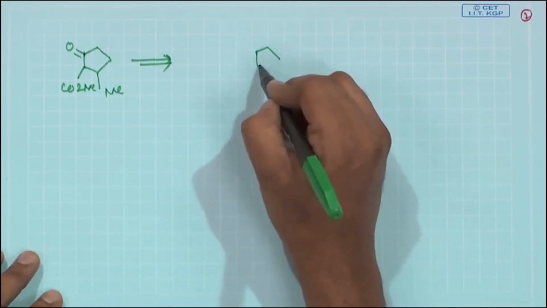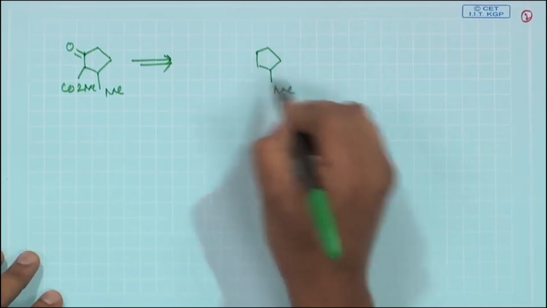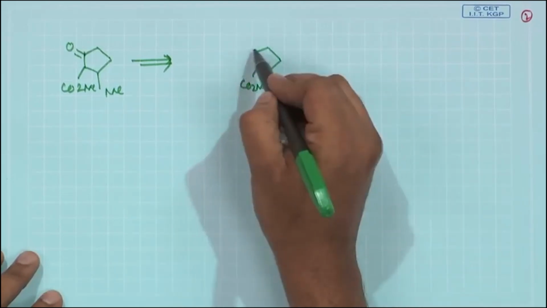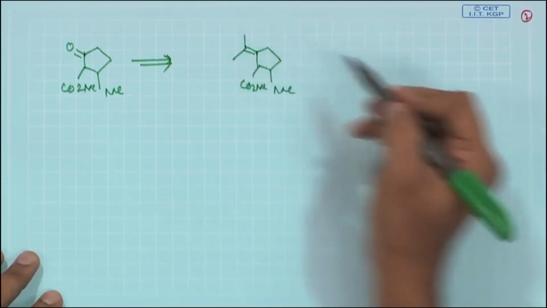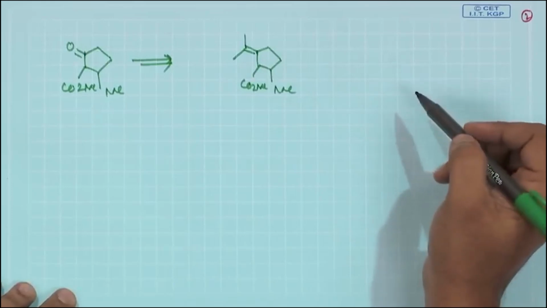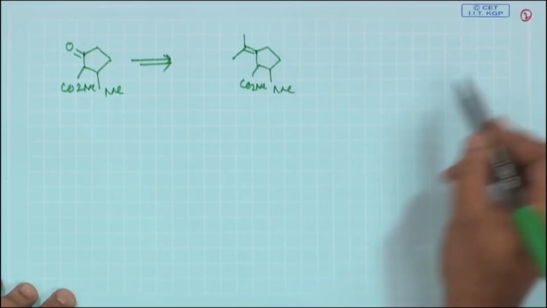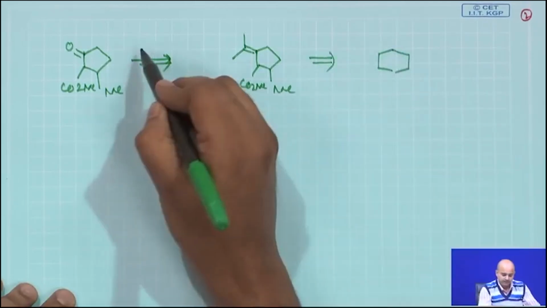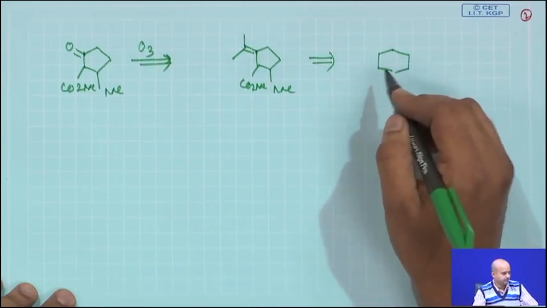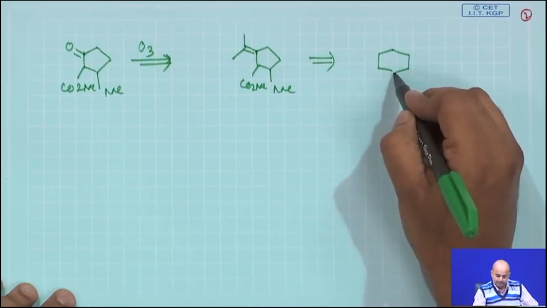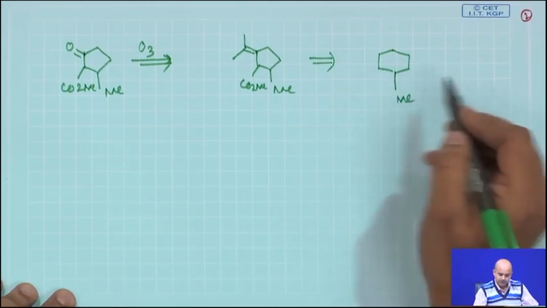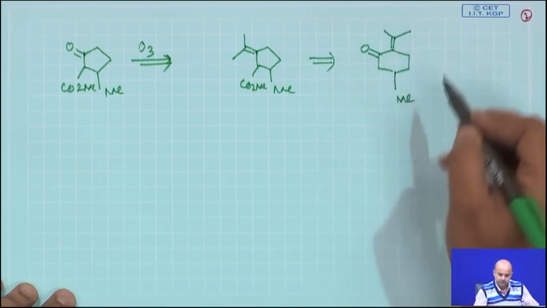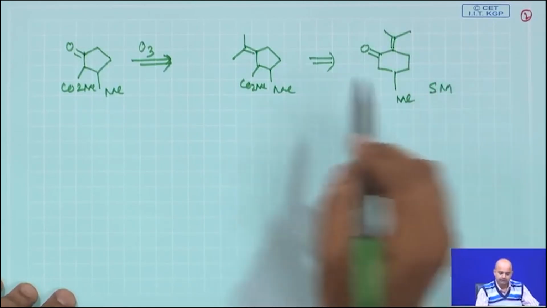You might be thinking of making this cyclopentanone compound through this compound by an ozonolysis reaction, and then we are closing it here to the starting material, which is polygodial.